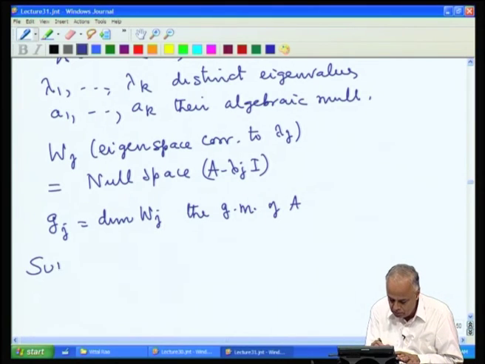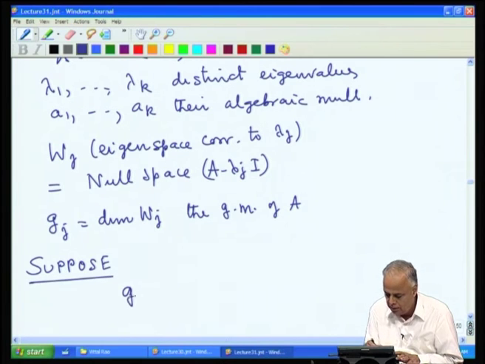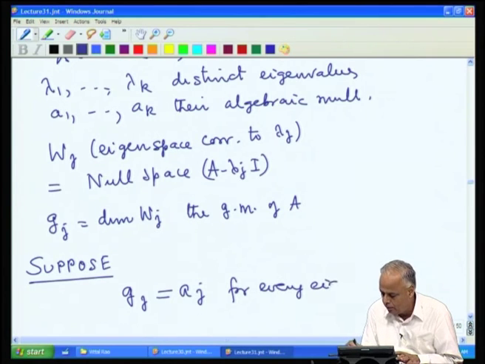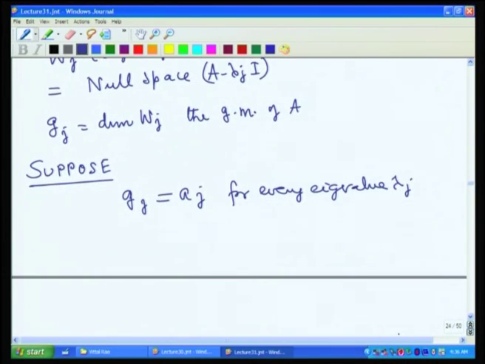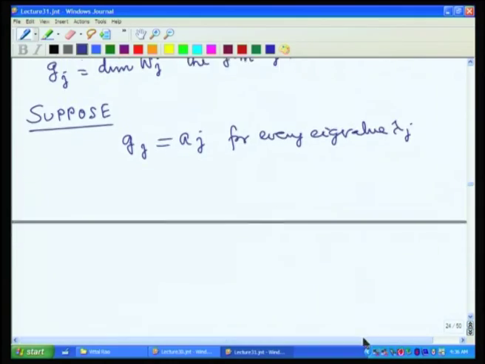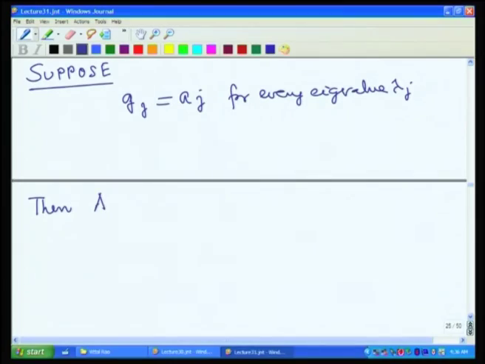Suppose g j equals a j for every eigenvalue lambda j. So, if the matrix A is such that the algebraic multiplicity is equal to the geometric multiplicity for every eigenvalue, then A is diagonalizable.